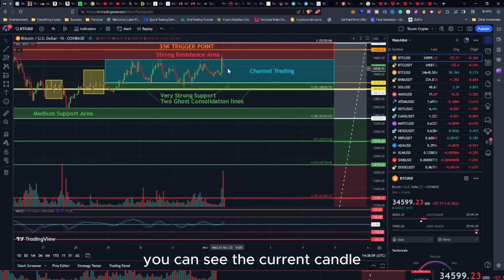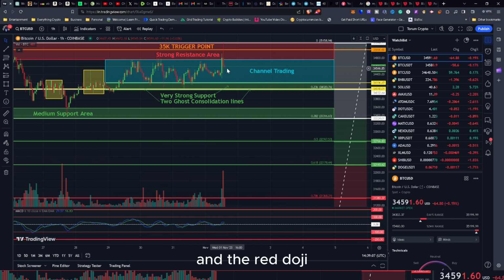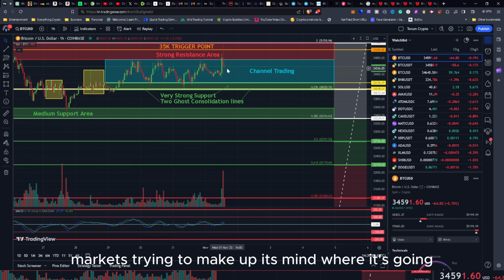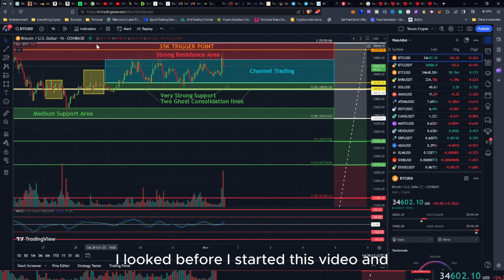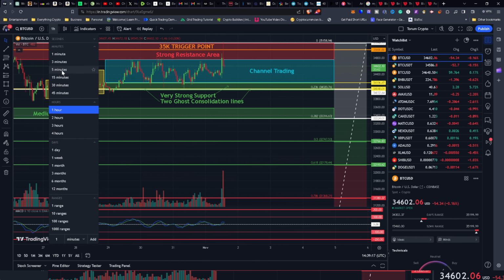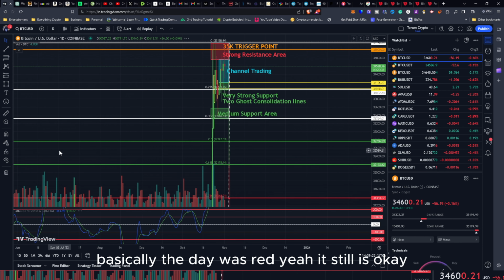You can see the current candle. It's turning back and forth between a green doji and a red doji. Market's trying to make up its mind where it's going right here. I looked before I started this video, and basically the day was red.